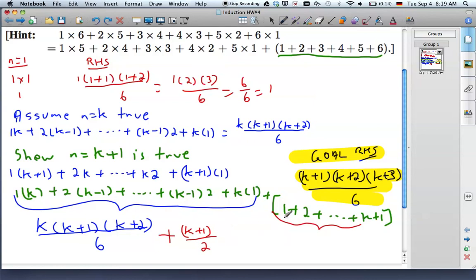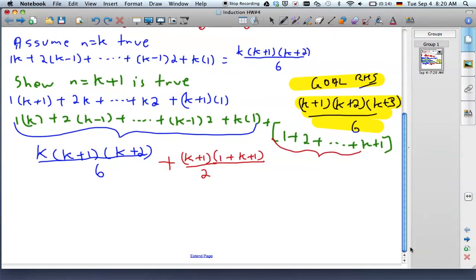And when you add the first term u1 plus the last term un, you end up with this. So the first term plus the last term, multiplied by how many terms there are, divided by 2, will give you the sum of an arithmetic series. So what we're hoping is that when we combine these two things and simplify, we get the goal.